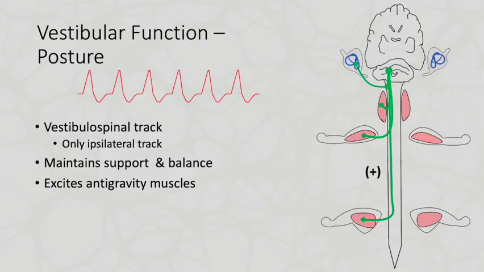That's going to excite their tone and help with posture and helping the patient stand upright. There's also influence to the contralateral side that's inhibitory to those extensor muscles, but because the input is coming from both sides, everything evens out. So that inhibitory signal during normal physiologic functions, we can pretty much ignore.